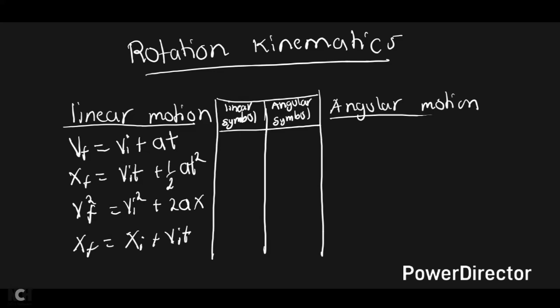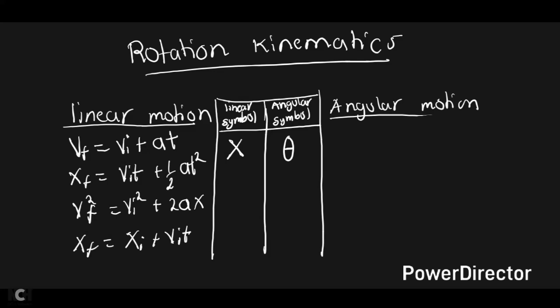So if you look at this, you have the linear symbols and also the angular symbols. When you talk about the displacement, the symbol is X, like that. How about the symbol of the displacement in the angle? It changes to theta, like that.